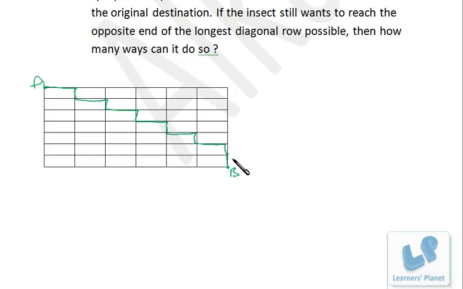In all, 13 steps are taken minimum from A to B. Okay, and out of these 13, how many are horizontal? 1, 2, 3, 4, 5, 6. 6 are horizontal, and 1, 2, 3, 4, 5, 6 and 7 are vertical, right?